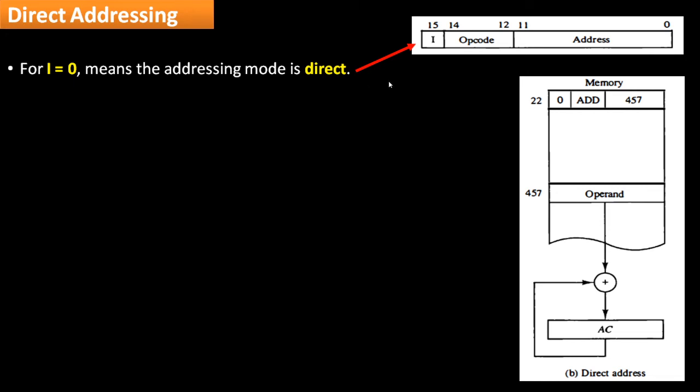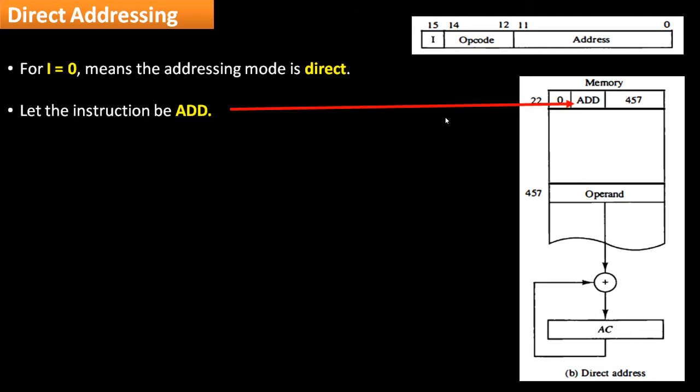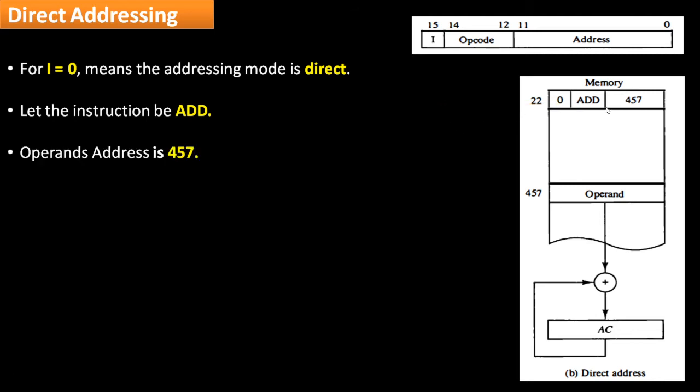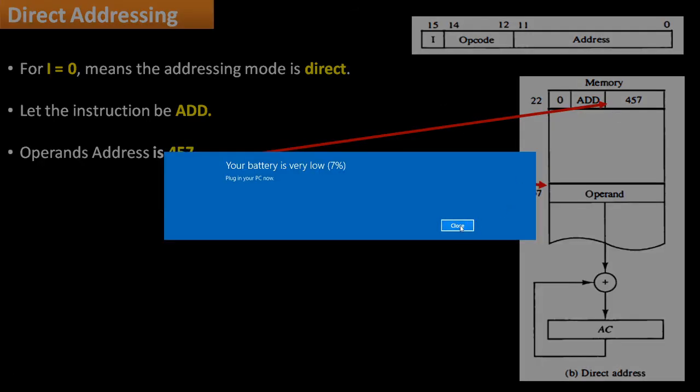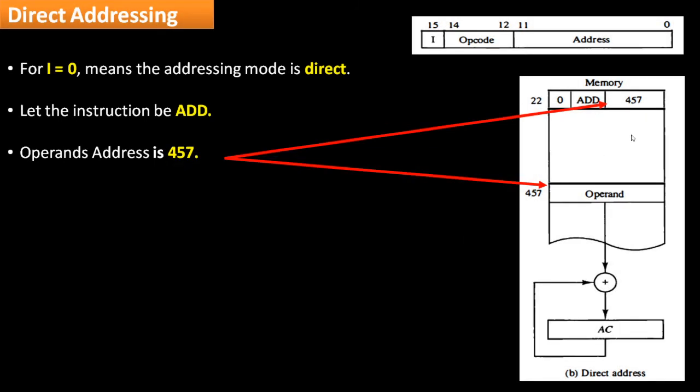Now assume that there is a particular operational code, that is add, and the address given here is 457.